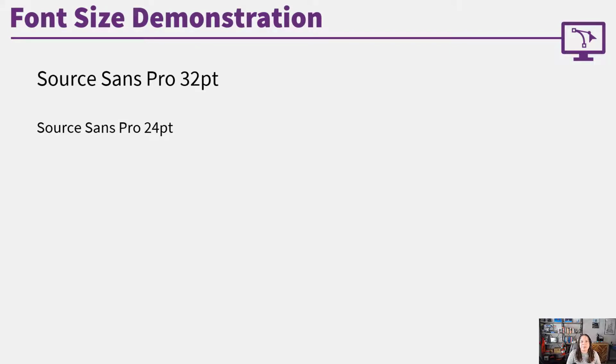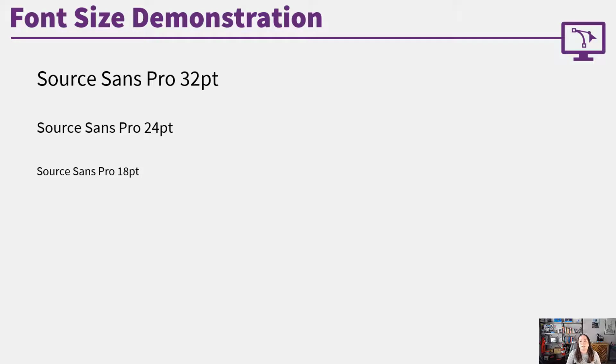Unless I've got maybe some detailed diagrams that need some labels, I rarely use anything smaller than that. A lot of people go down to 18-point or even lower. Just be aware of how small that is, number one, and number two, of how much room, or how little room in this case, that really takes up on your slide.